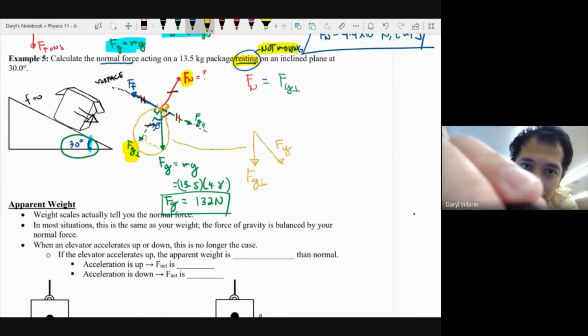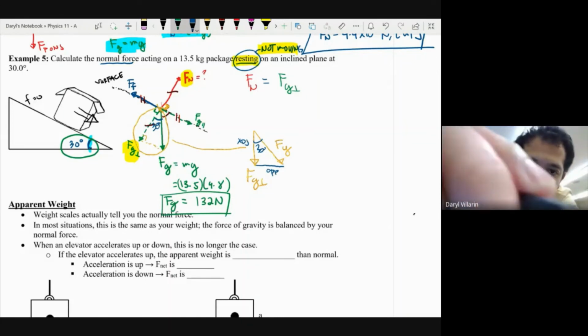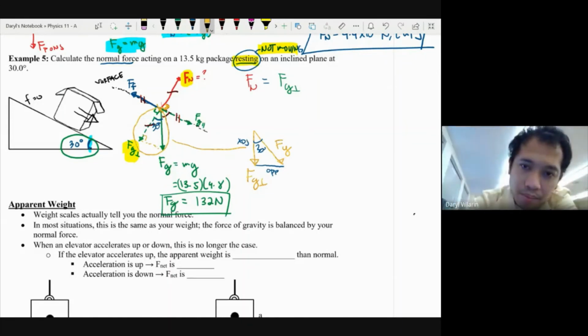This is your 30-degree angle. This is the opposite side, this would be the adjacent side, and this would be the hypotenuse.